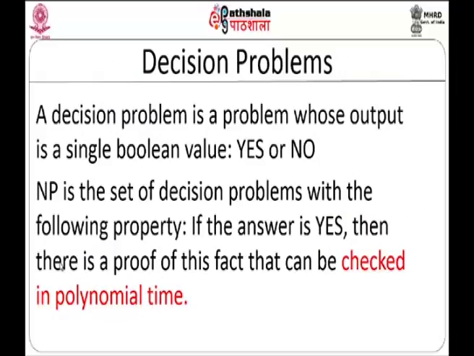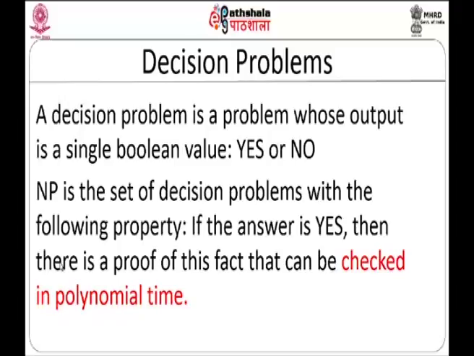The prerequisite for the discussion is the need for decision problems. So, a decision problem is a problem whose output is a single Boolean value, yes or no, and if that is the case, then NP is a set of decision problems with the following property: if the answer is yes, then there is a proof that can be verified in polynomial time.